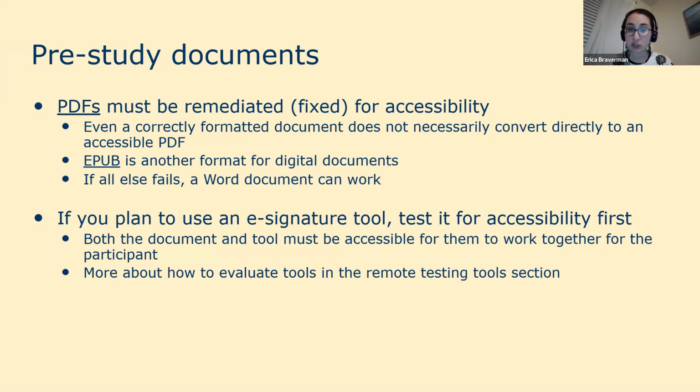If you must use a certain tool for your company, give people an option if they run into a tool that's not working for them: email you, call you, ask for an alternative format, and then document that so you can say to your team, hey, that tool you insist I use, it's not working for our participants with disabilities.